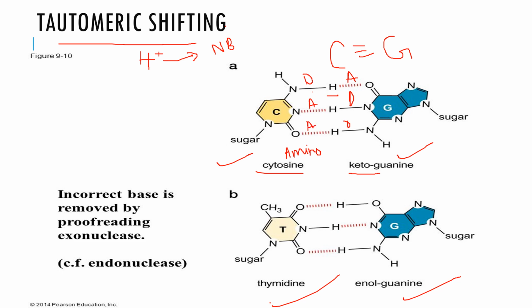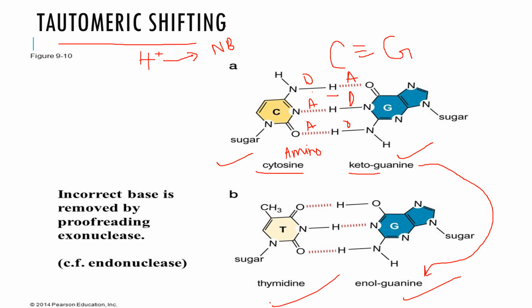Now you can see tautomeric shift is the shifting of hydrogen ions in the nitrogenous base. There is a shifting of hydrogen ion. If the hydrogen ion gets shifted, the keto guanine is converted into enol guanine.